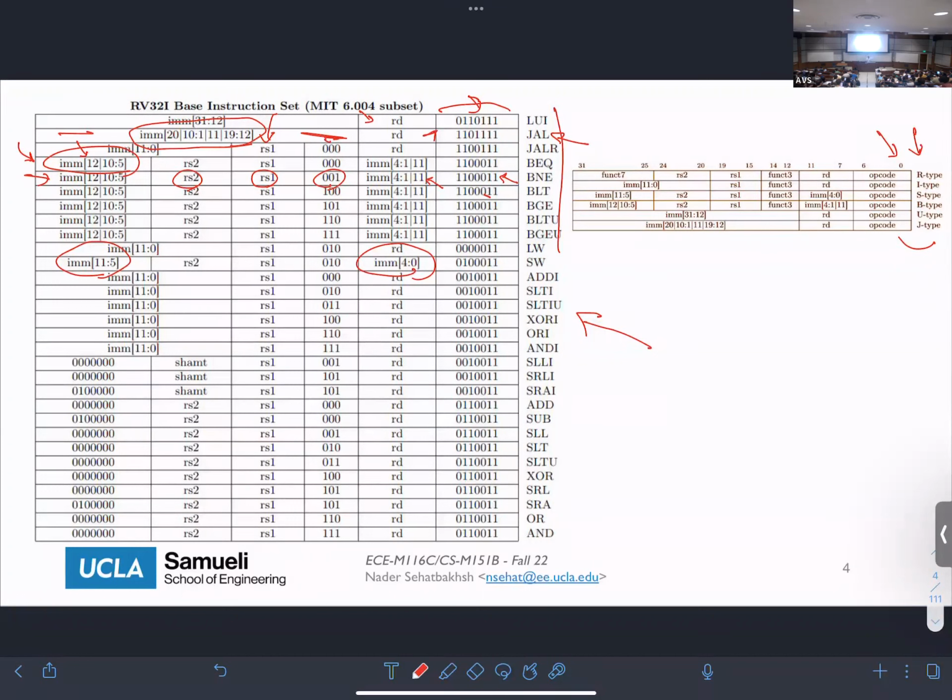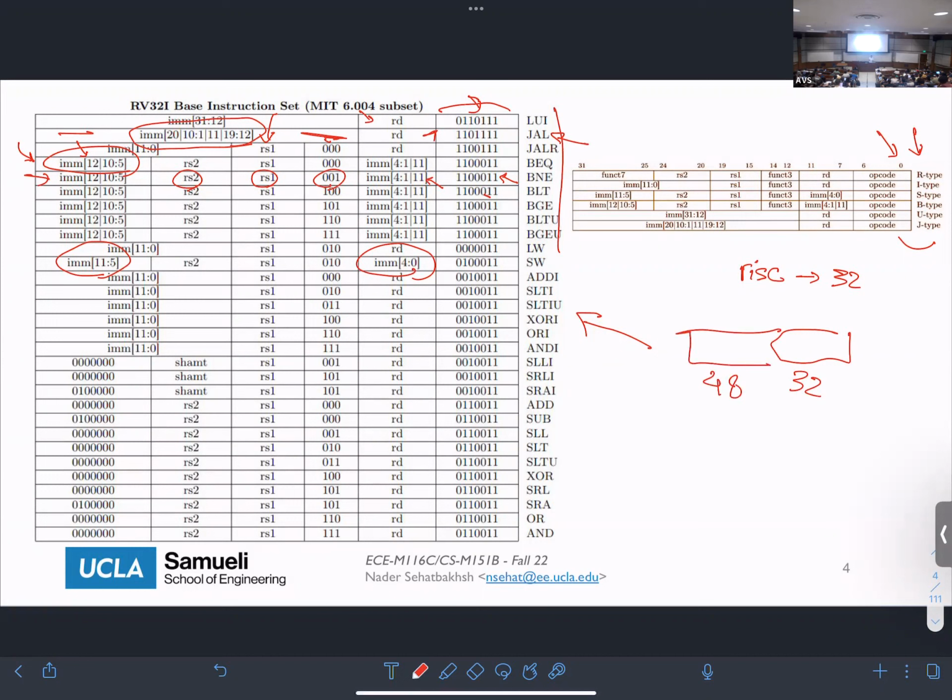But remember that we are doing RISC, which means that everything has to stay at 32 bits. One of the goodness of CISC is that instructions can be variable size. For example, if you want to always have a 32-bit immediate, you can. For some instructions you have 32 bits, in others you might have an additional 16 bits added to that, so you have 48 bits, and so on.